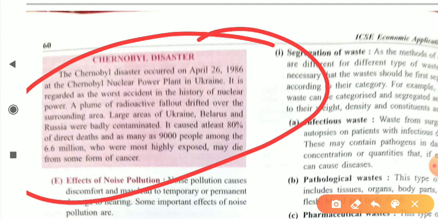As we studied in the upper section, there are so many types of direct impact and genetic impact. Because of this nuclear disaster in Ukraine, many people have lost their lives, and diseases like cancer emerged after this nuclear tragedy.